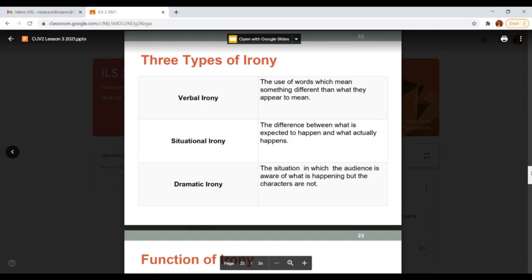And then dramatic irony is the case usually in theater plays, where the story is happening in front of the audience, and the audience actually has more information about the context than the characters on stage. So this is the case where the audience is aware of what's happening, but the characters are not, right? You see what's going to happen in the end, but the characters are unaware of it, and also act accordingly.